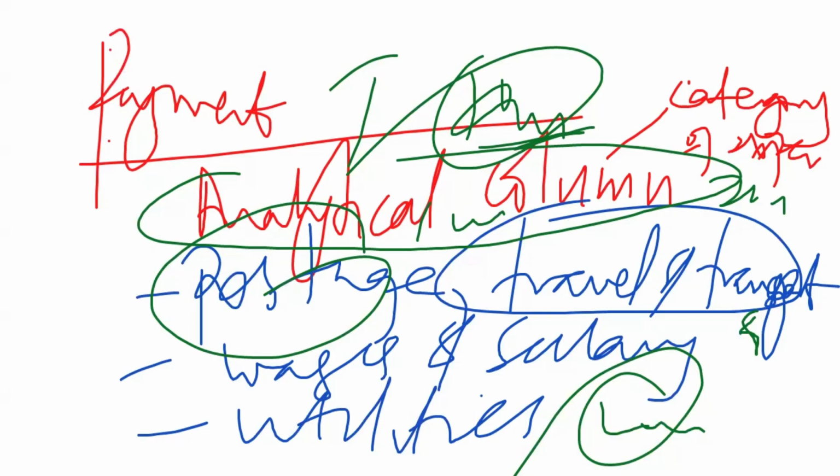But if the creditor is demanding something very small, maybe the creditor has supplied us some pens, 1 box of pens, we can pay that out of the petty cash, because the amount is small. But if we have a creditor that supplied us billions and billions of shillings of raw materials that we use in manufacturing, then that is supposed to be paid out of the main cash book.